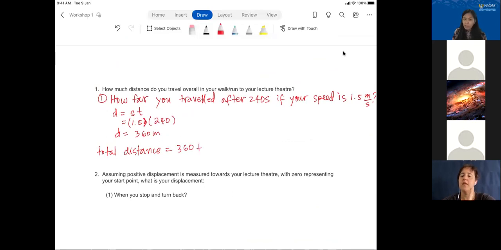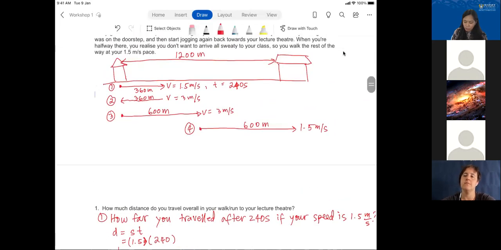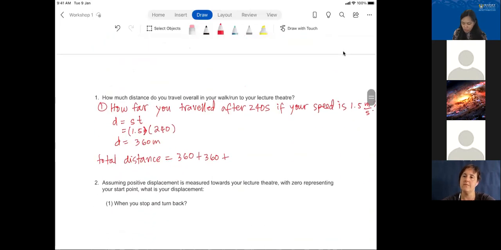The second segment is just going back to the halls of residence, which is another 360. And then the third segment, you jogged halfway, so that will be 600 meters, and then walked the rest of the way. And that should give you 1,920 meters. Okay.